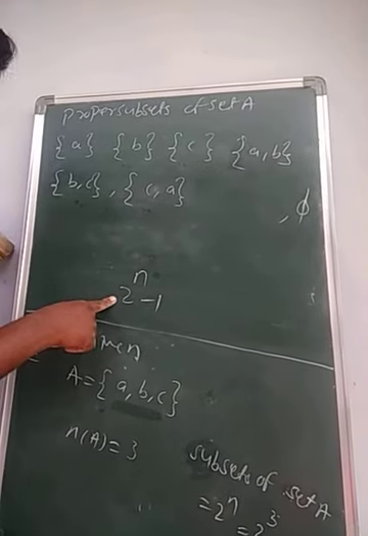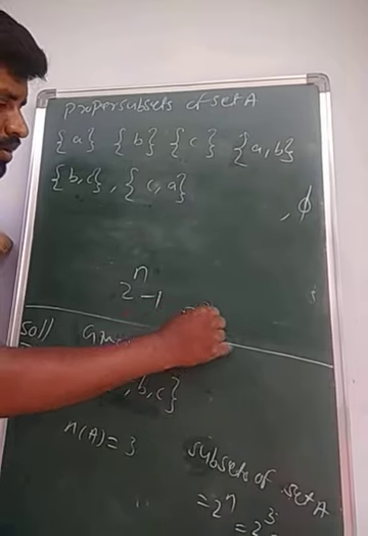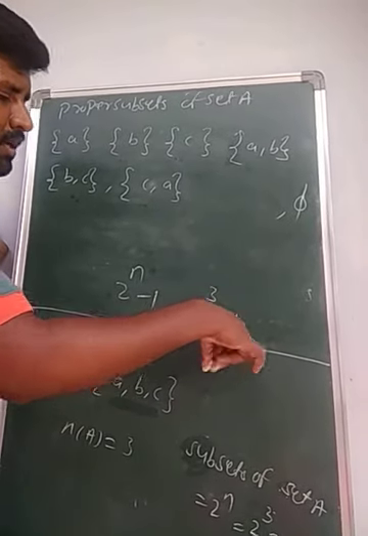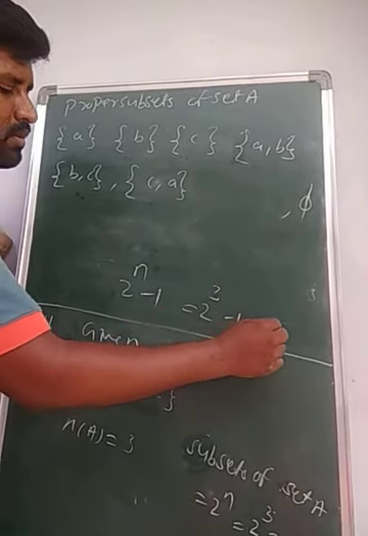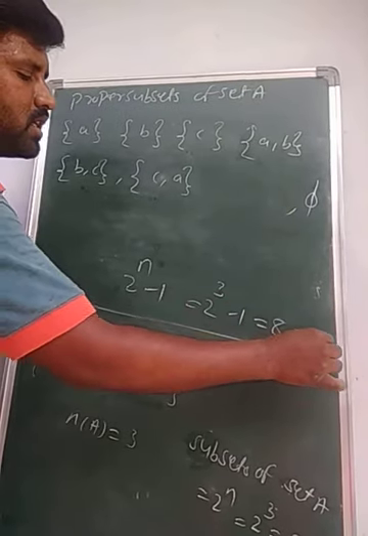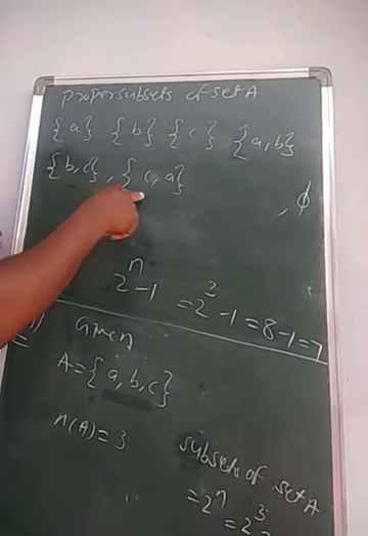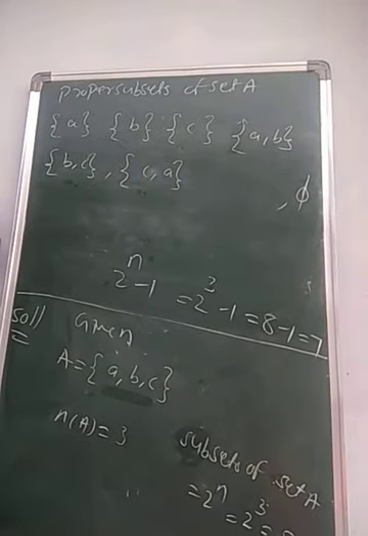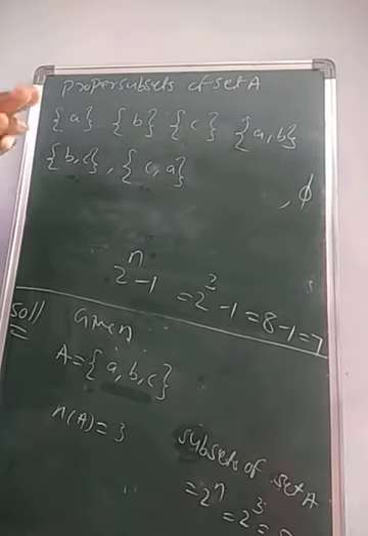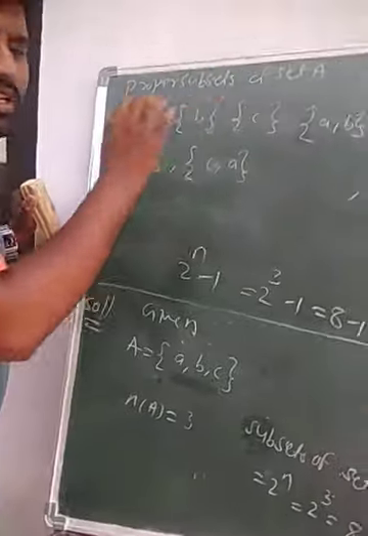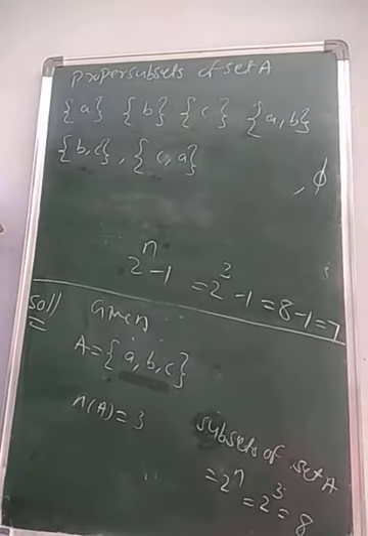This is the proper subsets formula. 2 power 3 minus 1, 2 power 3 means that is 8 minus 1, that is equal to 7. 1, 2, 3, 4, 5, 6, 7. Okay, now we can write the subsets like that and proper subsets like this.